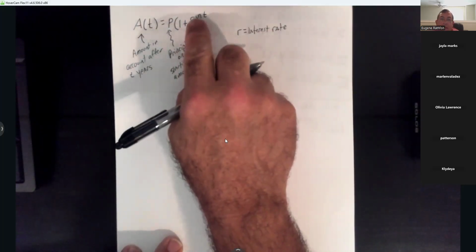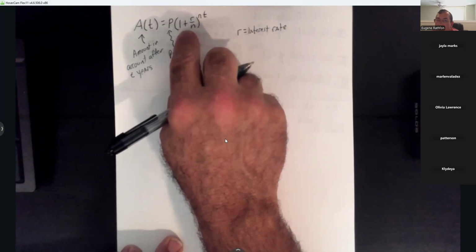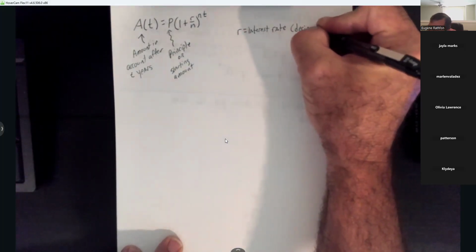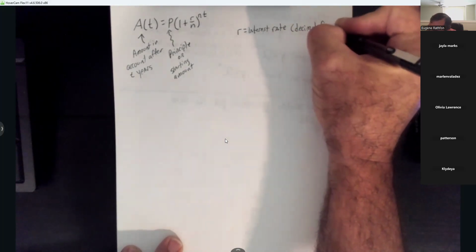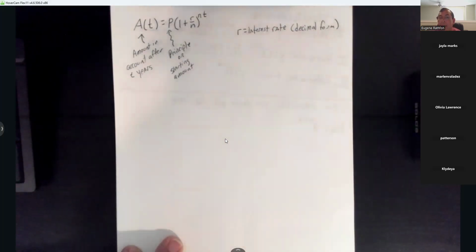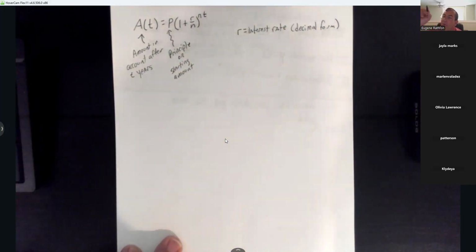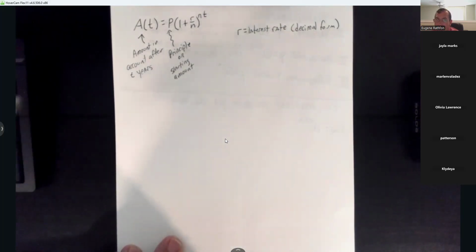Now, when you put that interest rate into the formula, it has to be in decimal form. So if they give it to you in percent form, you got to change that percent into a decimal by moving the decimal left 2 units, okay?